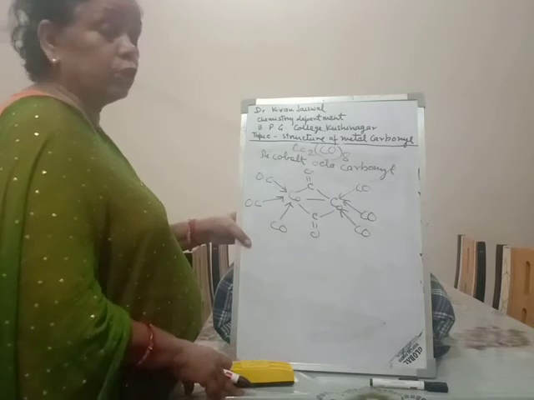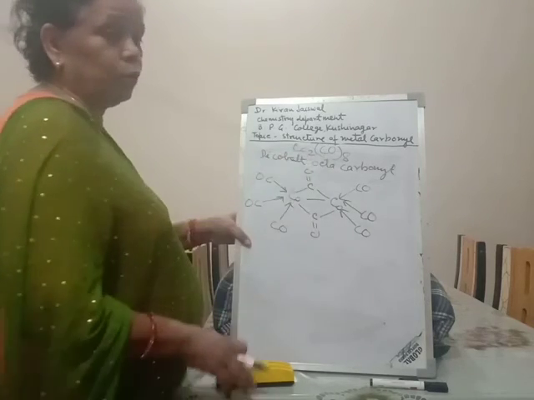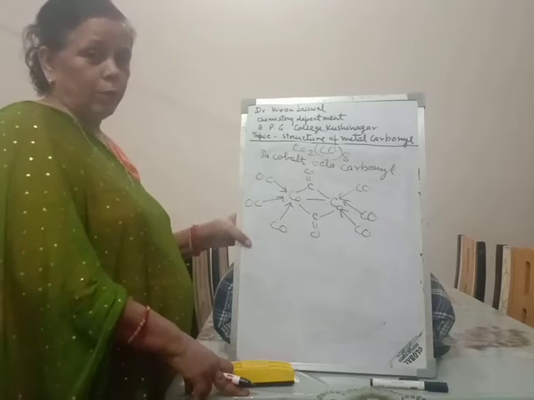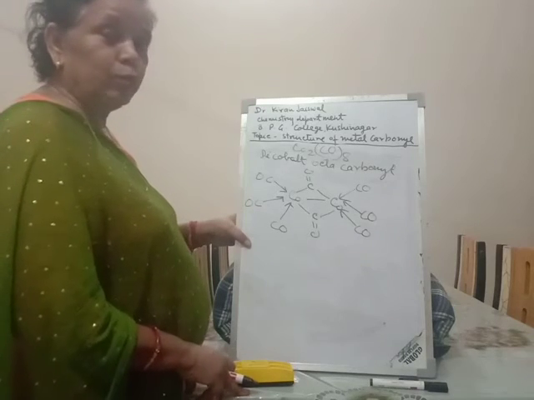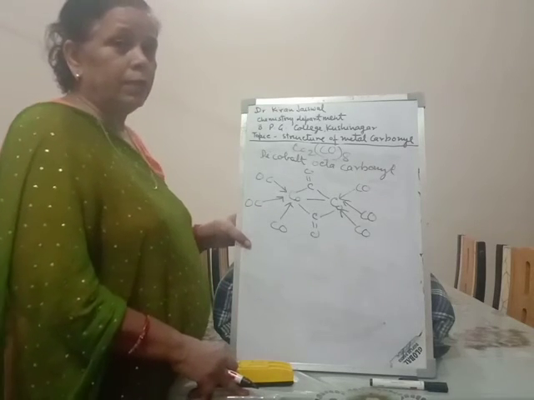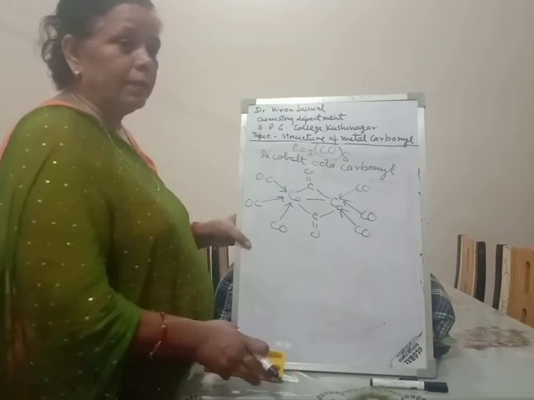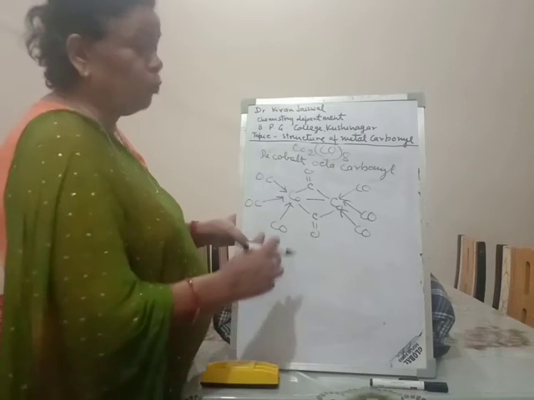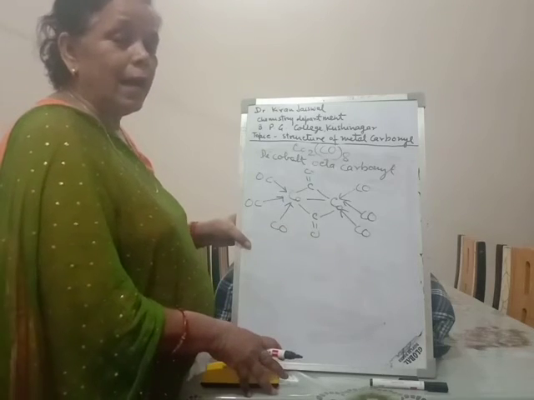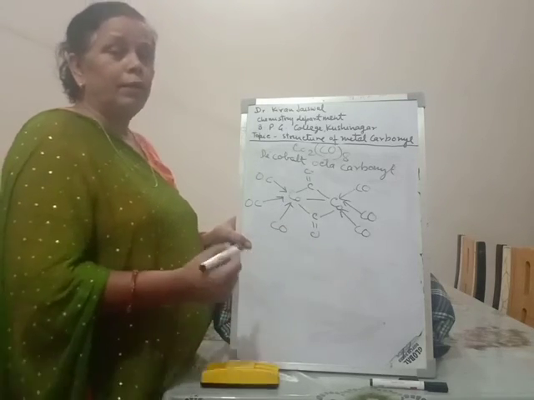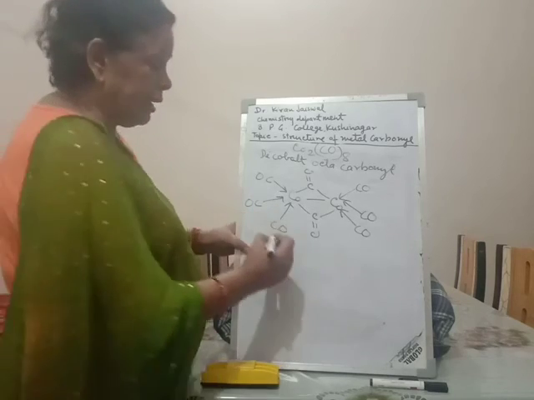Here, dicobalt octacarbonyl occurs in solution in two isomeric forms. One isomeric form is similar to that in the solid state and has 2 bridging groups. The other form has no bridging group, and it occurs at high temperature. Both forms are in equilibrium with each other.